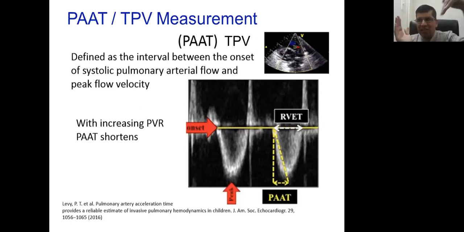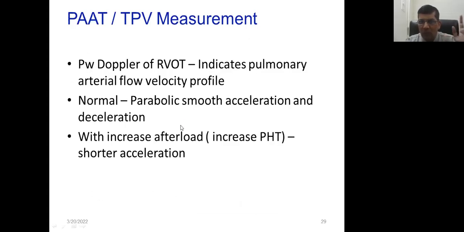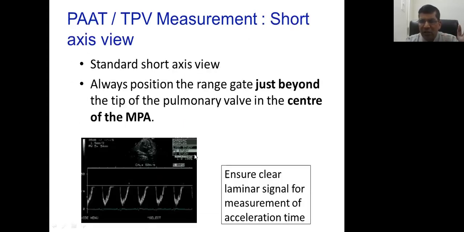Normally, acceleration is slow and deceleration is also slow, and it produces laminar flow of the MPA. This is called parabolic or laminar flow of the MPA through the short axis view. That is the normal phenomenon.